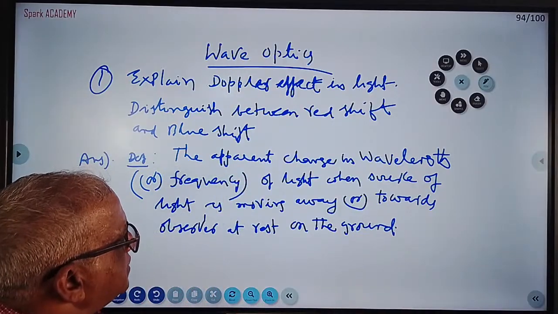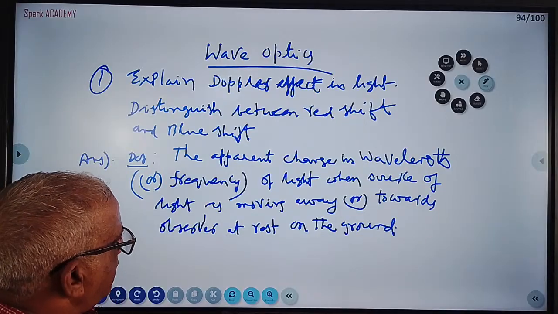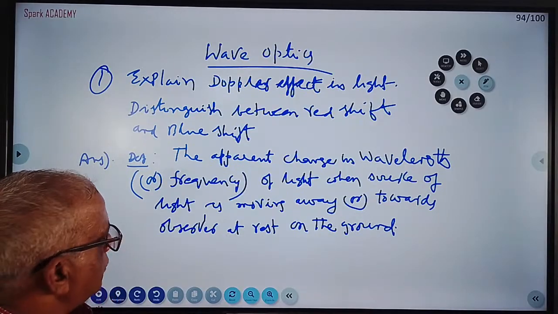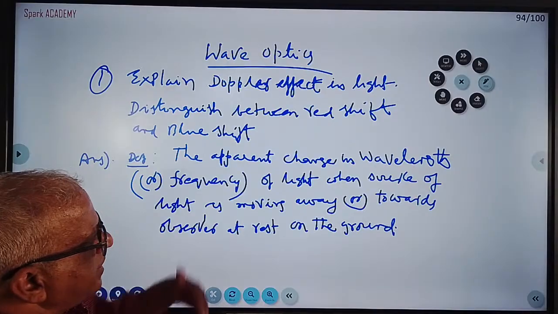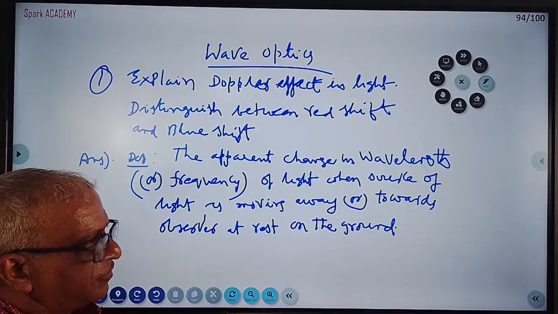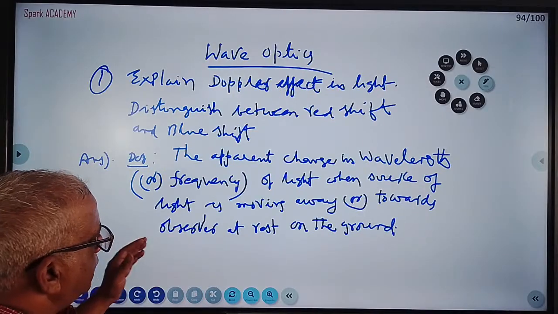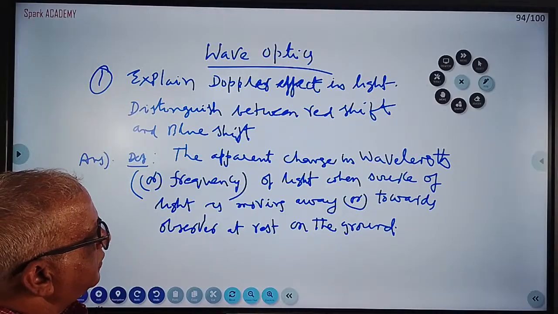So what is the definition? Apparent change in the wavelength of light when the source of light is moving away or towards the observer. Change in wavelength or change in frequency. Wavelength increases, frequency decreases. Wavelength decreases, frequency increases. So this is the definition of Doppler effect.